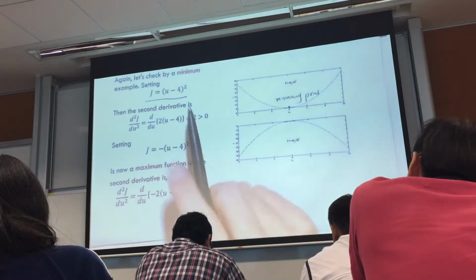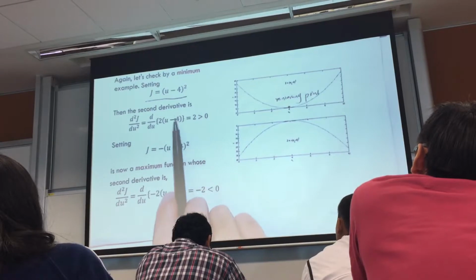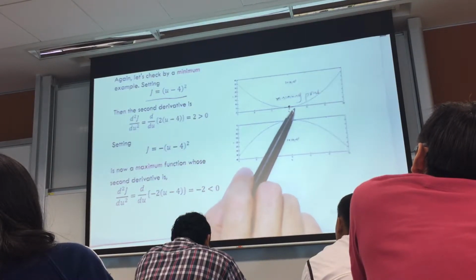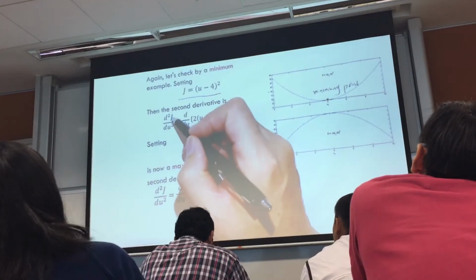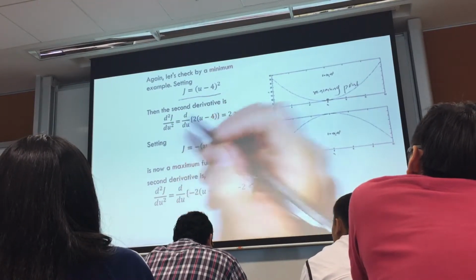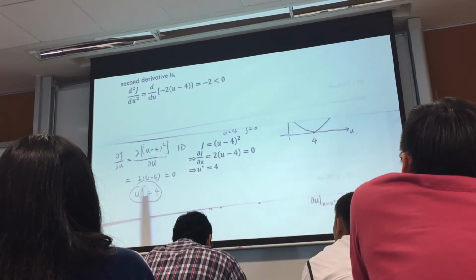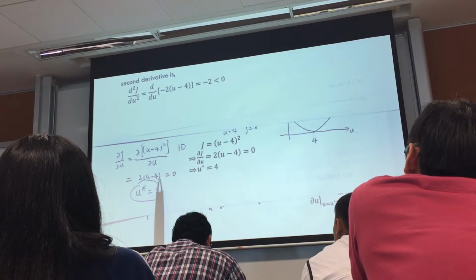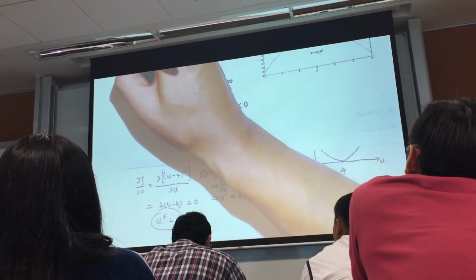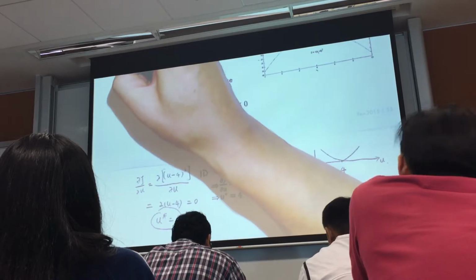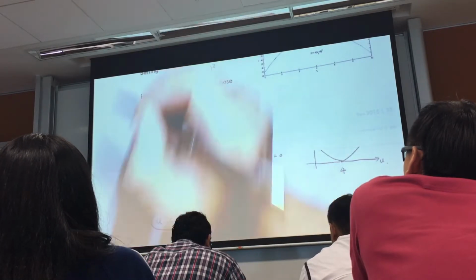The next step is to evaluate whether this potential location is a minimizing point. The method is to compute d squared J over du squared. The dJ/du already gave us 2u minus 8.